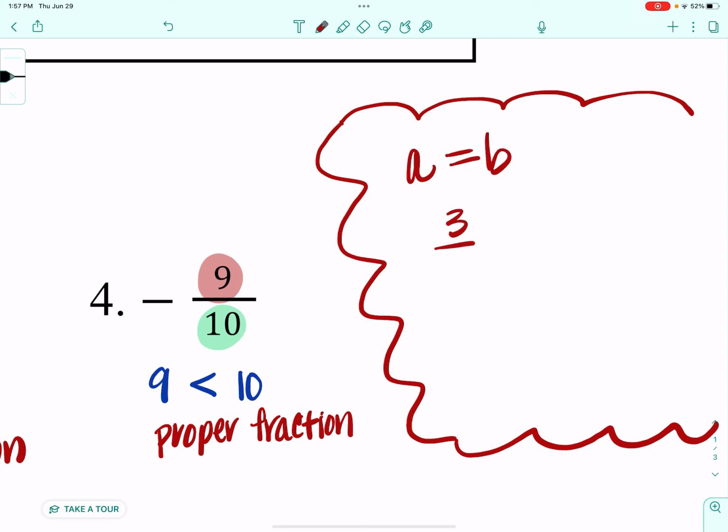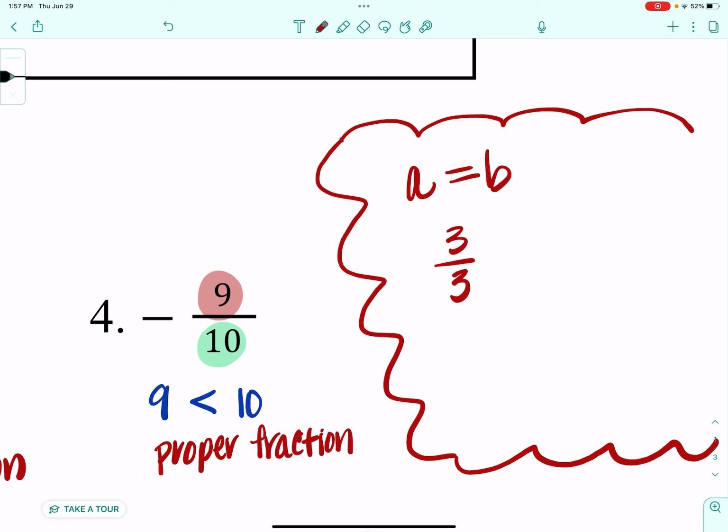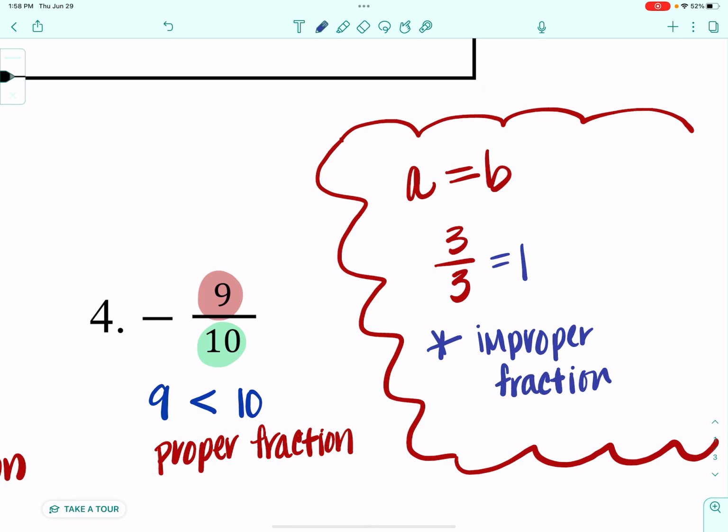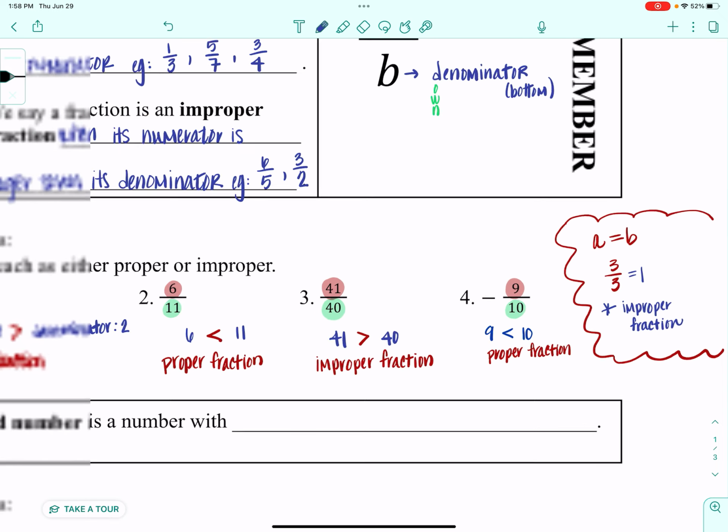So you have a fraction that looks like 3 over 3. Now, most people by now automatically take a look at that and say, oh, that's equal to 1. But here's the catch. If A is equal to B, if the numerator and the denominator are equal, we still consider this an improper fraction. So file that away, put a big star by it, so that should it show up in a problem, you've got that right there to refer to.